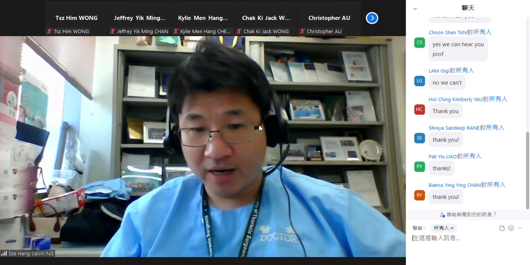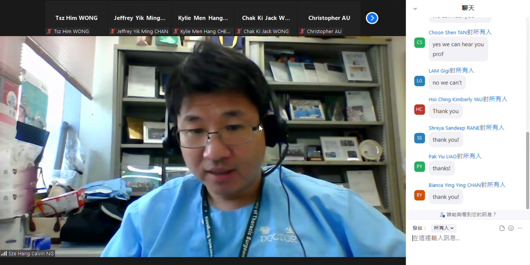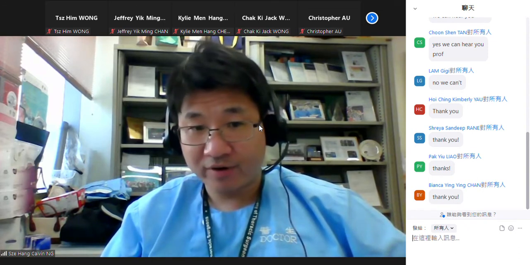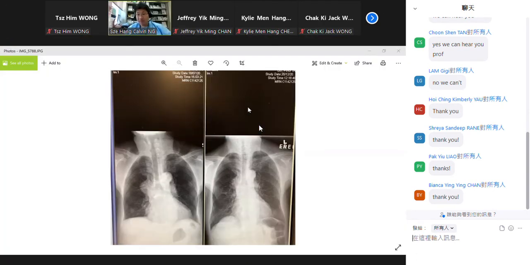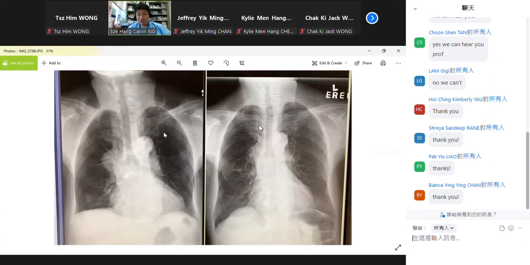So another common topic, apart from lung masses or lung cancer, is this. So I hope you can see my X-ray. This is a patient who had an X-ray 1.5, 2 years ago on the right-hand side, and 1.5, 2 years later, the same X-ray on the left-hand side of your screen.